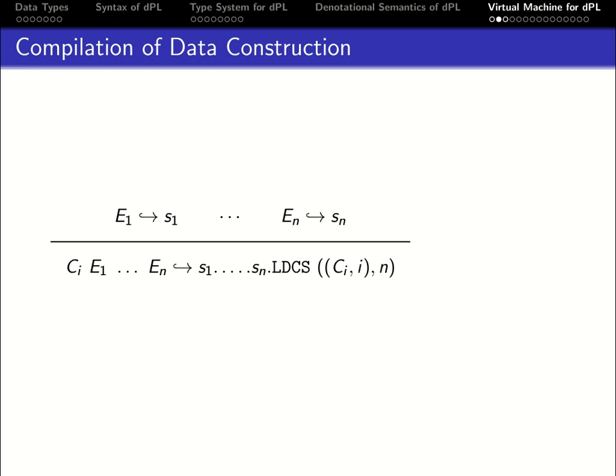This is not a surprise, because as we did previously, Ci is just an operator. So we are pushing all the arguments on the stack first, executing the arguments. Their results end up on the stack, and then we expect that LDCS will pop its arguments from the stack and push back the result.